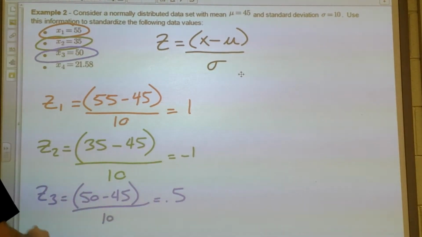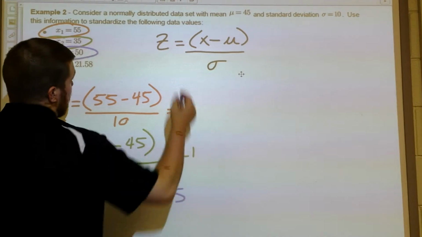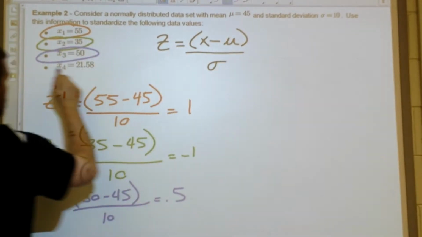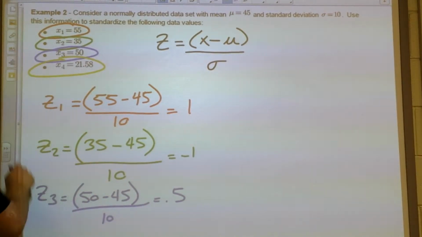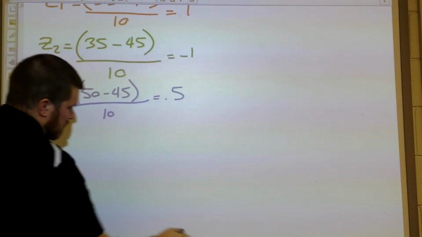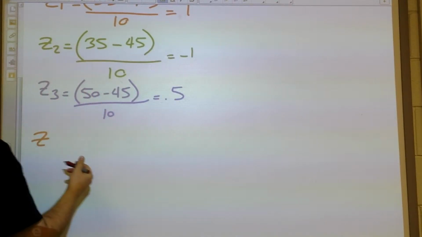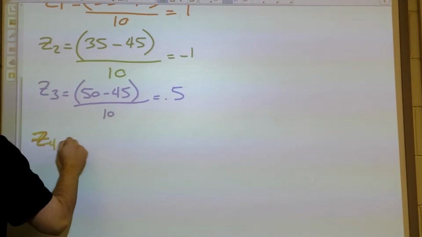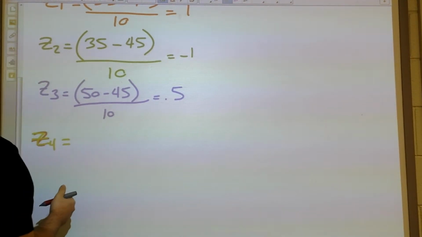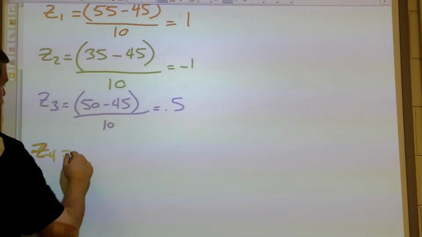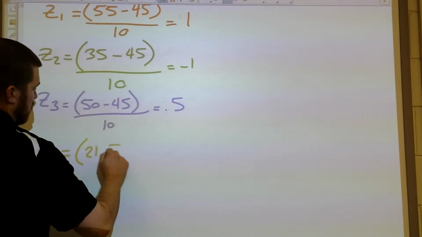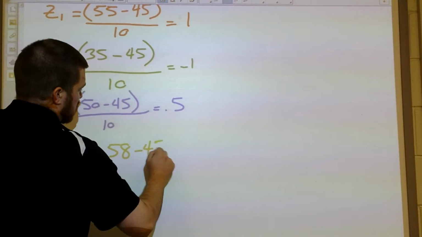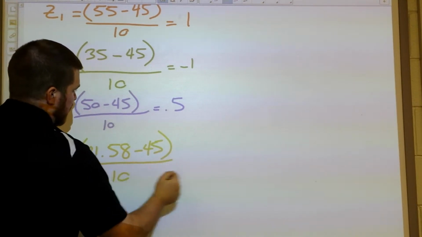And then finally, my last standard score, I'll do that one in, say, yellow. My fourth standard score was 21.58. That was my given score, minus my average score, divided by the standard deviation.